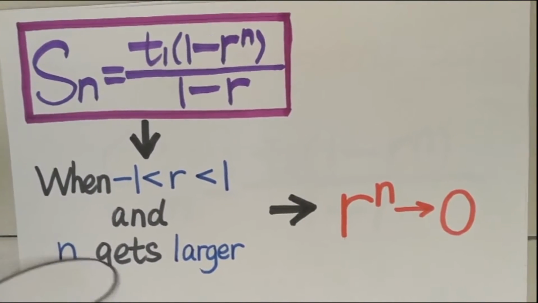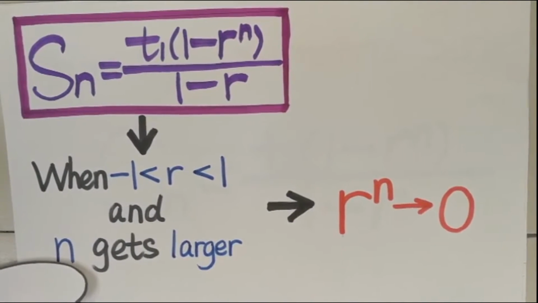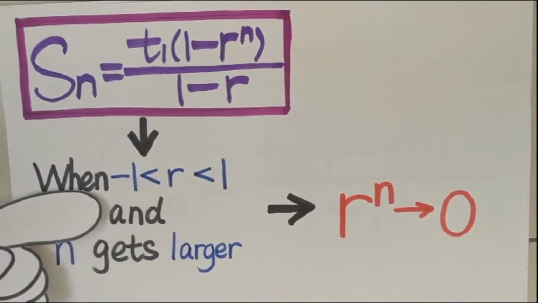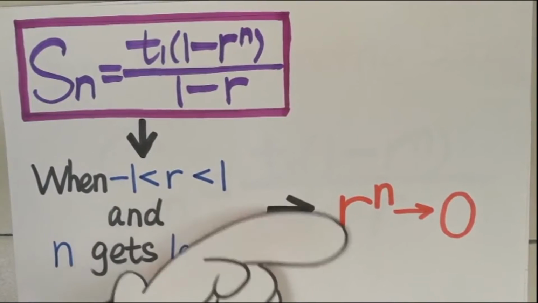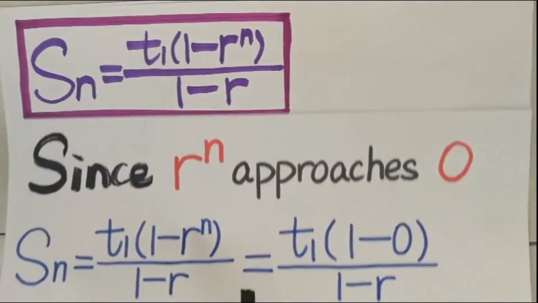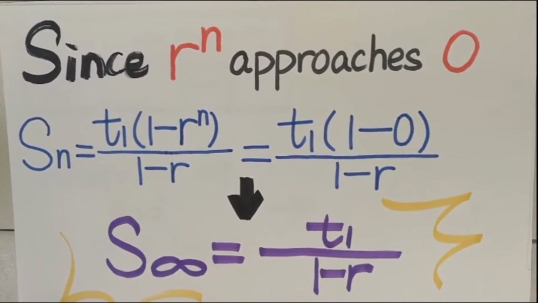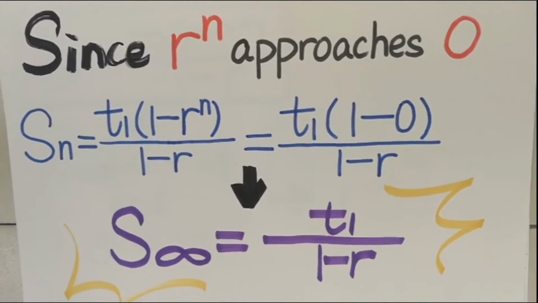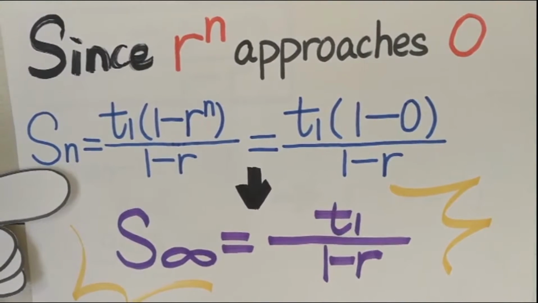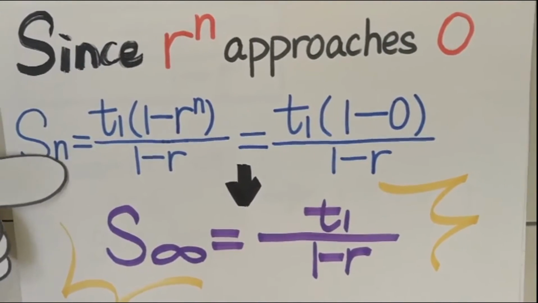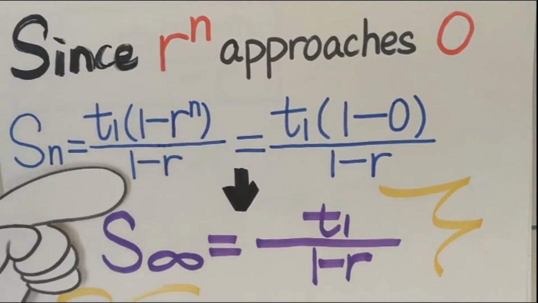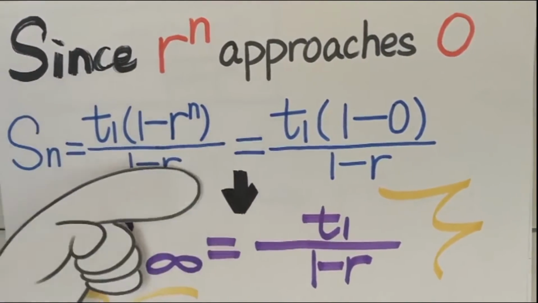As n gets very large, for the values of r between -1 and 1, r^n approaches 0, and you can verify it through graphing calculator. Since r^n approaches 0, we got this formula, and we can replace r^n in this formula with 0, as you can see below.